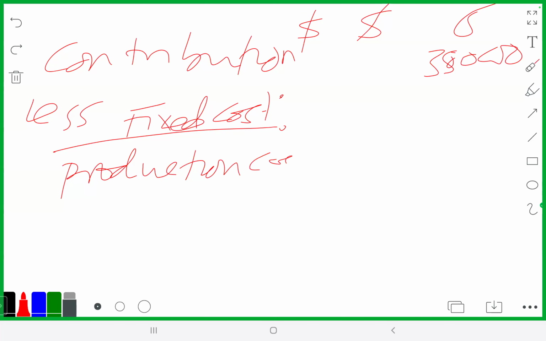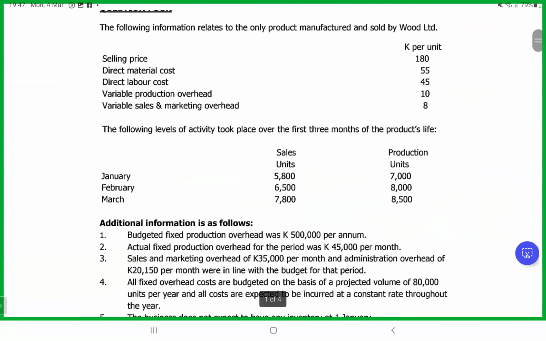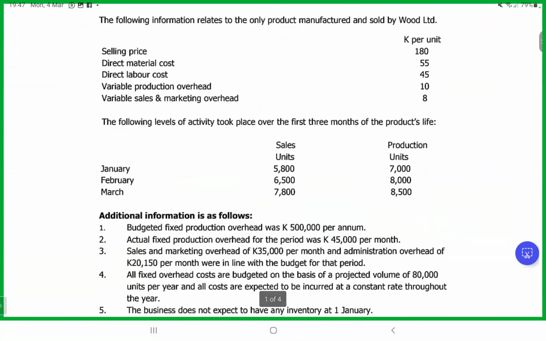The question will give us how much the fixed production costs per month. Note number 2 says the actual fixed production overhead for the period was 45 per month. Did you see that one?